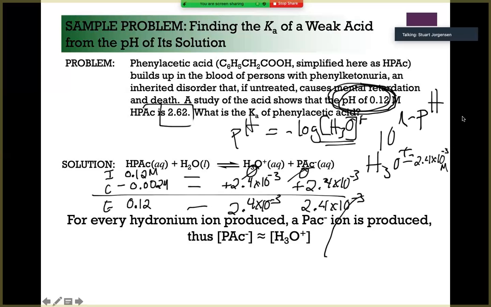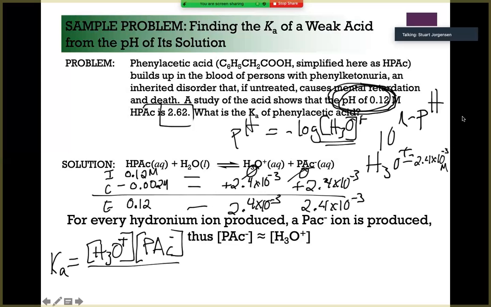I think we wanted to solve for a Ka, right? What would your Ka expression be here? For this one, our Ka would be our H3O plus concentration times our phenylacetate ion, PA minus, all over, we don't care about the water, our HPA concentration.